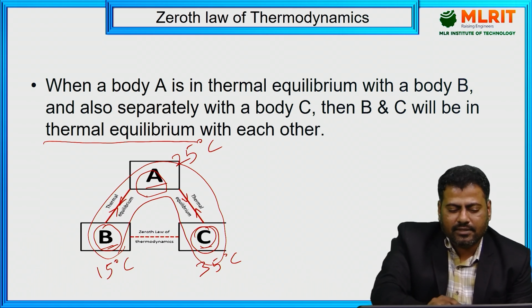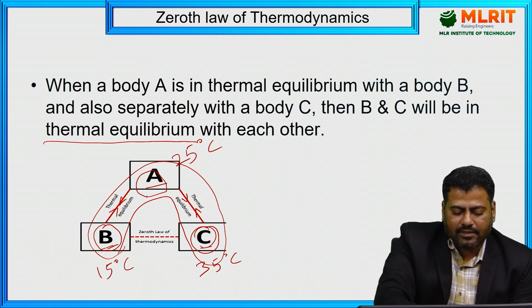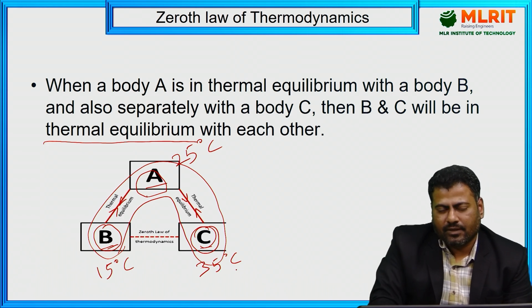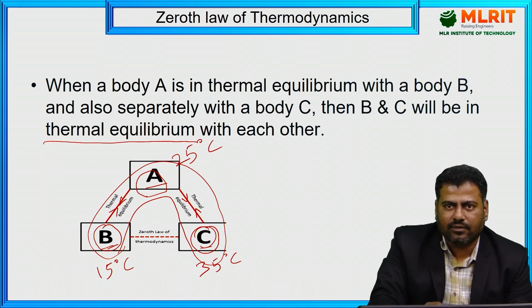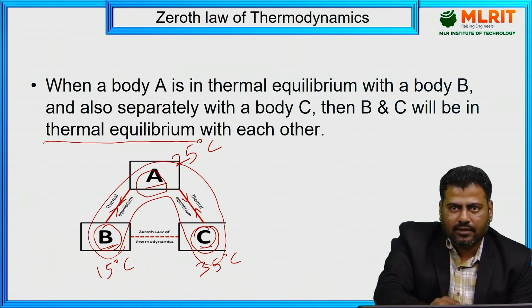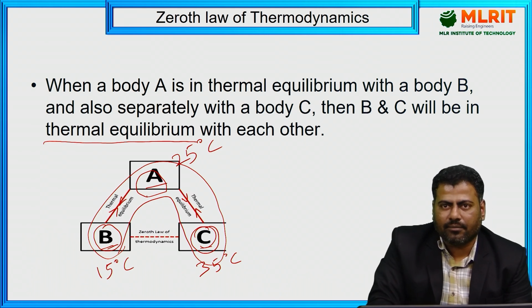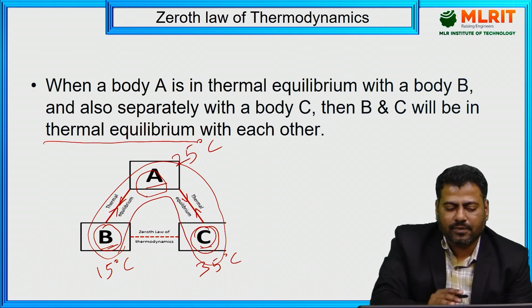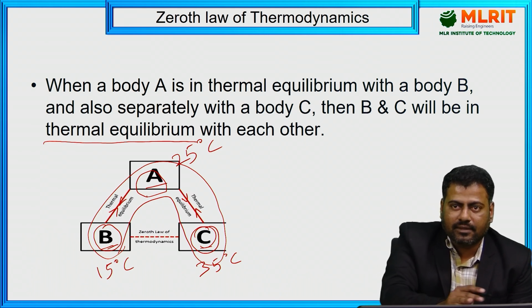Similarly, with A and C, A is 25 degrees Celsius and C is 35 degrees Celsius. So the average is around 30 degrees Celsius. Until A and C separately reach 30 degrees Celsius, they attain thermodynamic equilibrium. So for separate cases we have separate values.